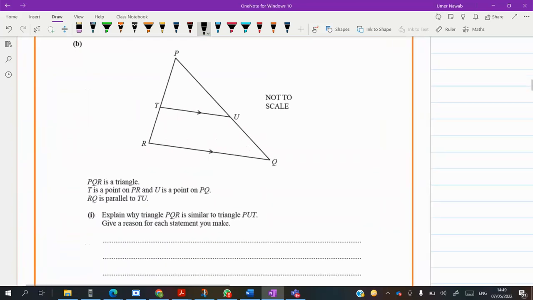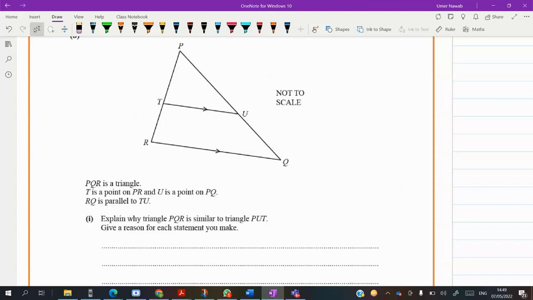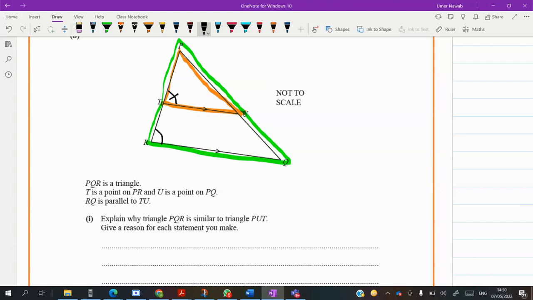Next question. Obviously, they are similar triangles. Which two triangles are similar? Let me explain you. TPQ is similar to SQR. They are similar. What is the reason? This angle is the same as this angle.